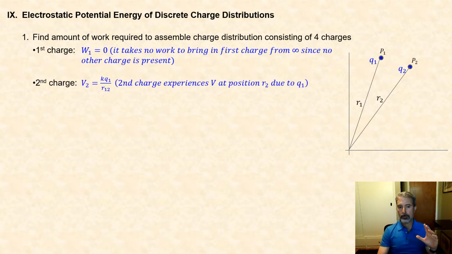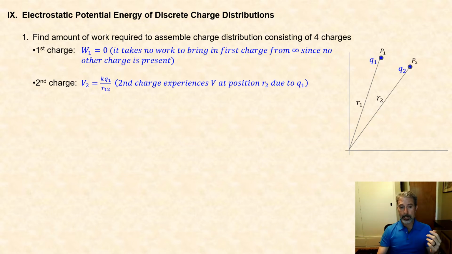Here, that second charge Q2 is going to experience an electric potential, I'll call it V2, at that point due to charge 1. Notice that the potential V2 is a potential at point 2 due to charge 1.